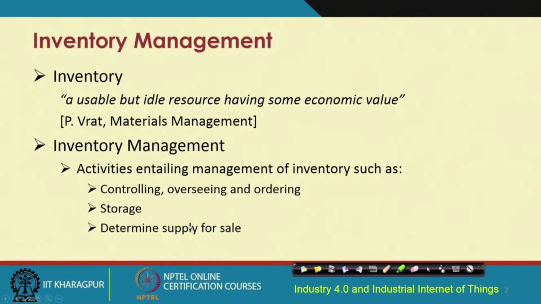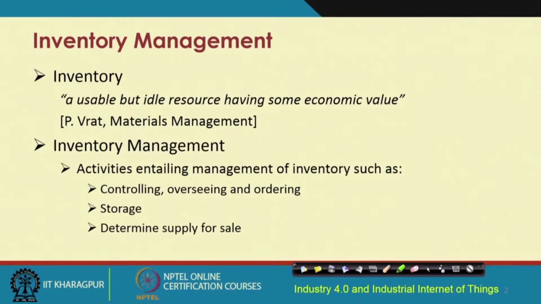Because you do not want to sell anything that is out there, you need to determine, based on your supply, how much you are going to sell, and the optimum sale that can be achieved through the supply.